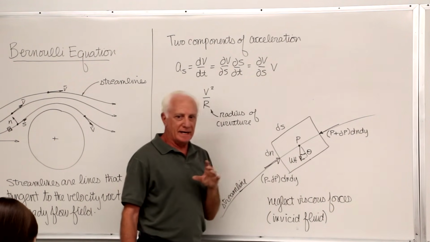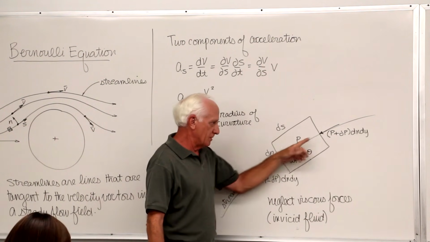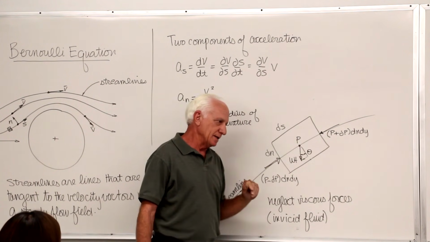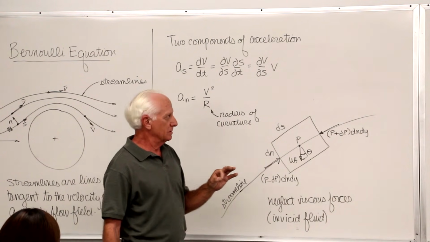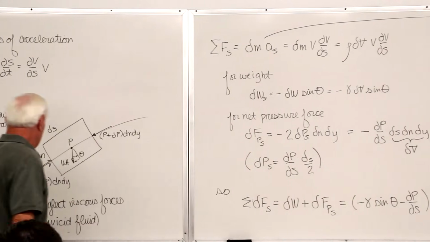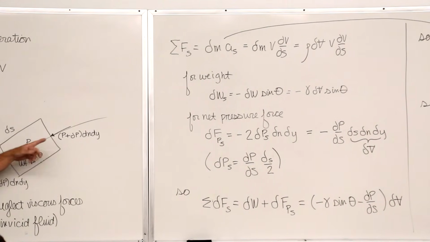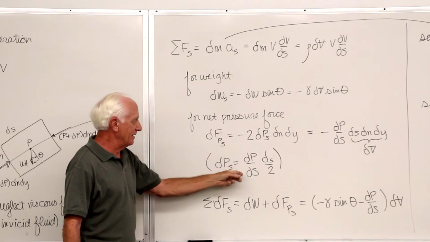Multiply a pressure by an area and that gives you a force. If you take the difference in these two pressure forces, left and right-hand sides, it gives you a net pressure force. So take this one minus that one, and you end up with this one.